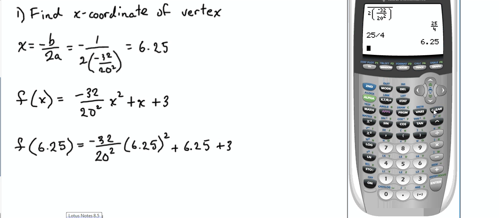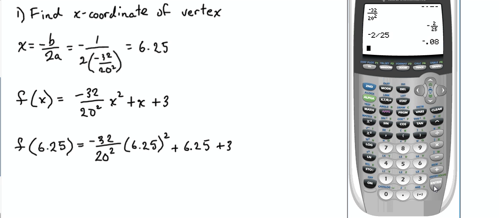Now, I'm going to do something here with the calculator so I don't have to keep typing in this negative 32 over 20 squared, because we are going to be using that again. So let's go back to the fraction feature, and I'm going to type in negative 32, and on the bottom here, 20 squared. And it gives us negative 2 over 25. So let's find out what that is. It's a decimal here.